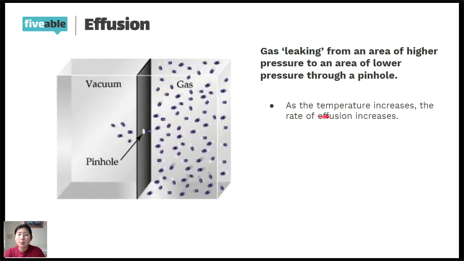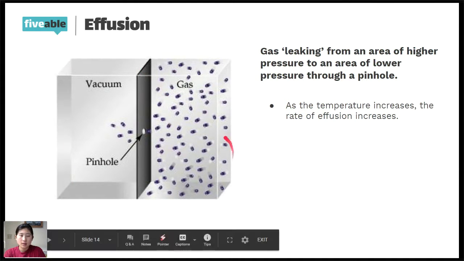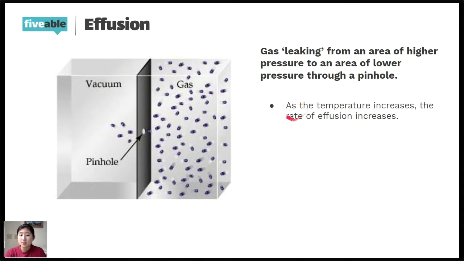As the temperature increases in this cube of space, the rate of effusion increases as well. That is because when temperature increases, the speeds of the molecules increase as well.